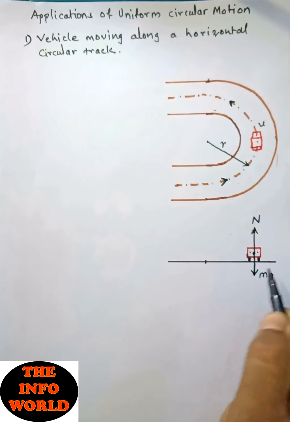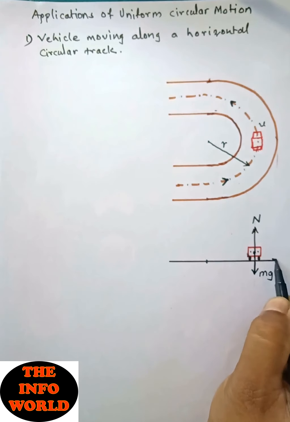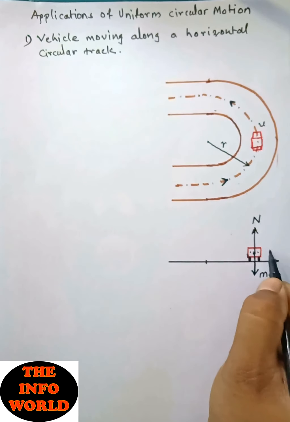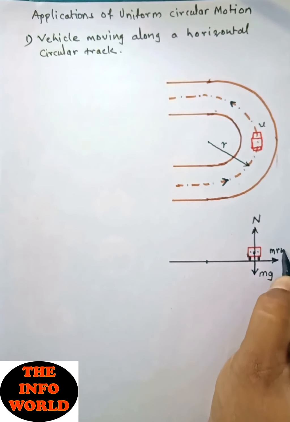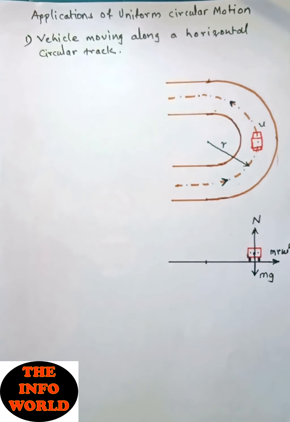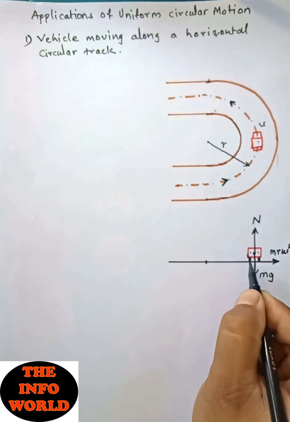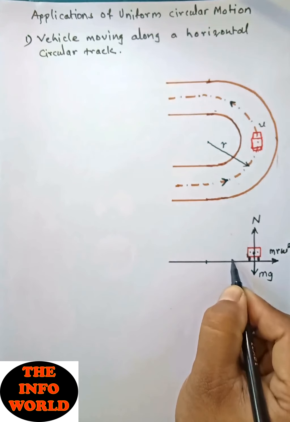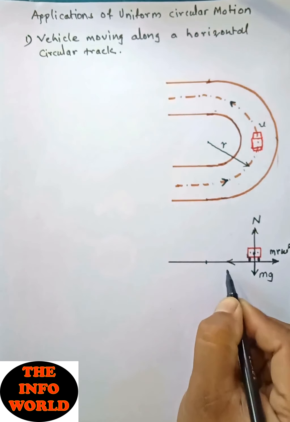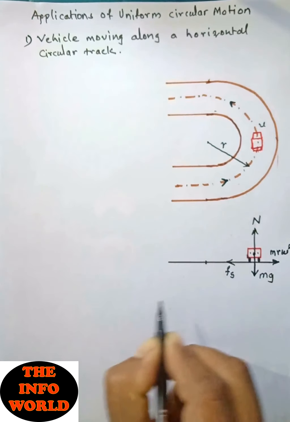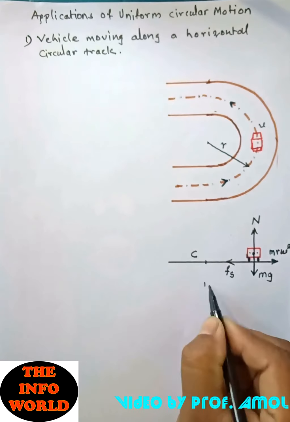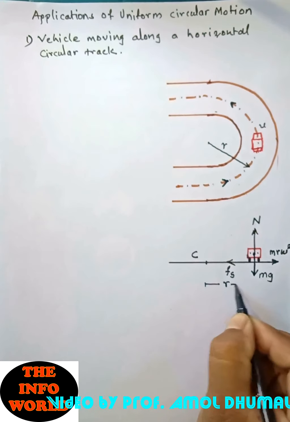Then the centrifugal force will act away from the center, that is mr omega square, and there is friction between the road surface and tires of the vehicle. So a static friction force will act, and its direction is towards the center. So this is the center C and this is the radius r.